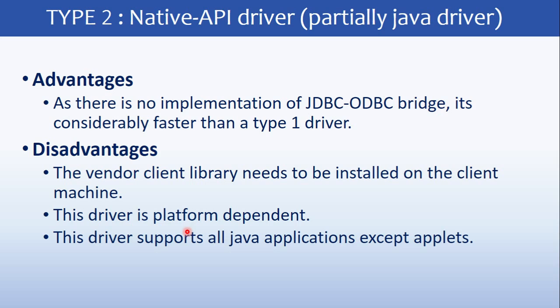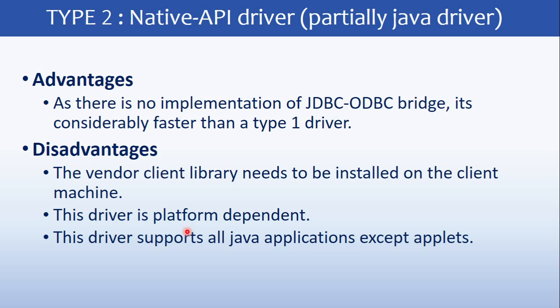If you talk about the disadvantages, as we know, we require vendor specific database libraries. So we have to install all those libraries on the client machine or our local machine. Type 2 drivers are platform dependent, meaning these drivers are dependent only on the platform you are using.